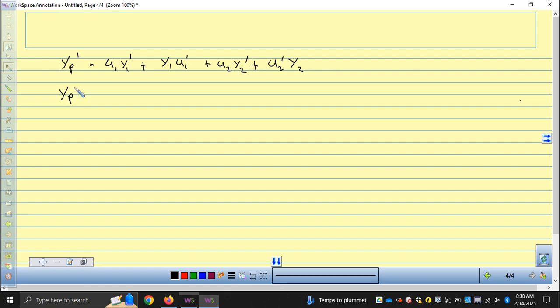y sub p double prime equals u1 y1 double prime plus y1 prime u1 prime plus y1 u1 double prime plus u1 prime y1 prime plus u2 y2 double prime plus y2 prime u2 prime plus y2 u2 double prime plus u2 prime y2 prime.